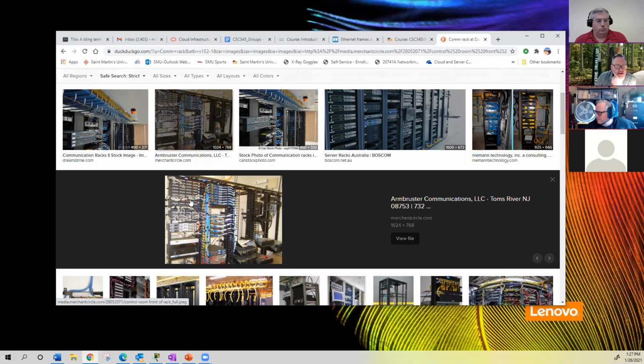And over to the left, sometimes that's called a passive rack, if it's all just punch downs or jacks that plug in and allow you to do a cross connect between one device to another using cable.